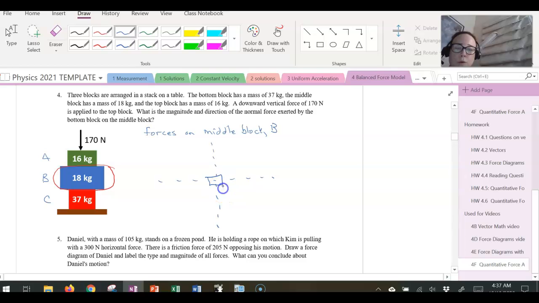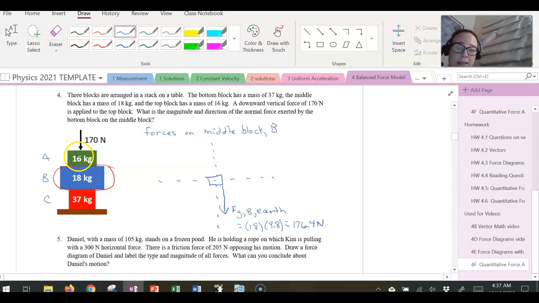I'm going to start with the weight of B because they're giving me the mass. So there's the gravitational force on B by the Earth. And I know how to calculate that now, right? That's the 18 kilograms times 9.8 newtons per kilogram. And so that's 176.4 newtons.